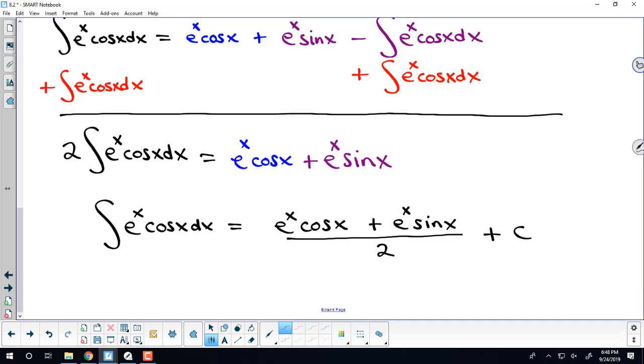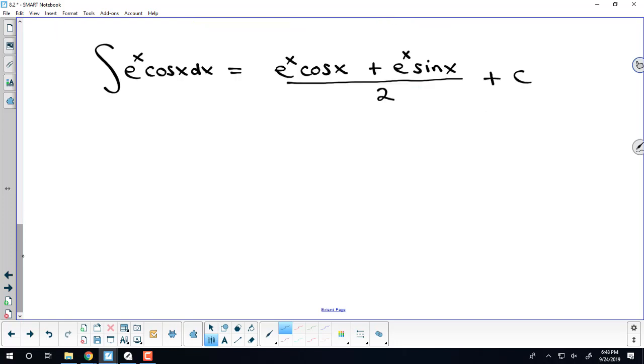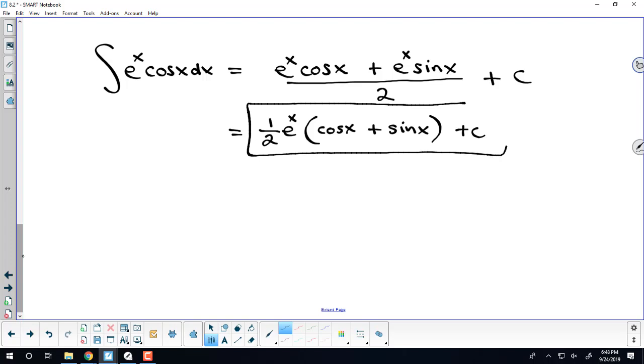And so oftentimes you see this written with a 1/2 and the e to the x out, and just cosine plus sine. I would say that's typically how you see that, but either one's fine.